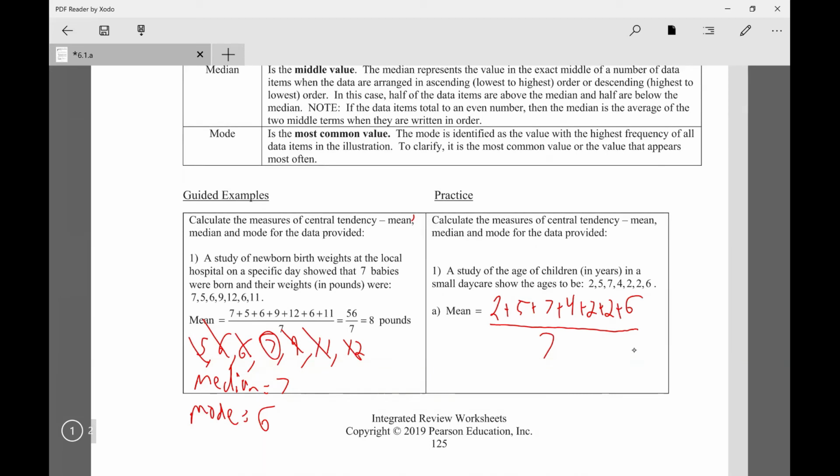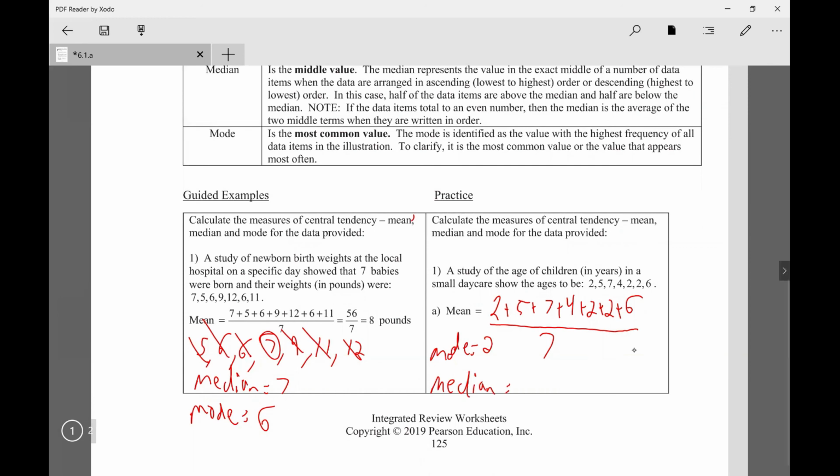I'm going to do the mode just because it's the easiest. There are 3 of them that have an age of 2. So our mode here is 2. It's pretty obvious. And then our median. For the median, what we need to do is order the numbers from lowest to highest.